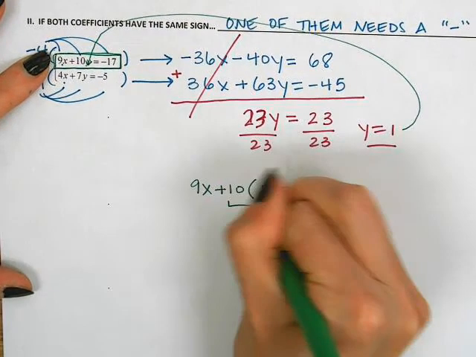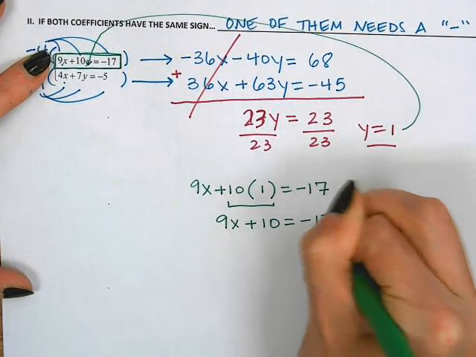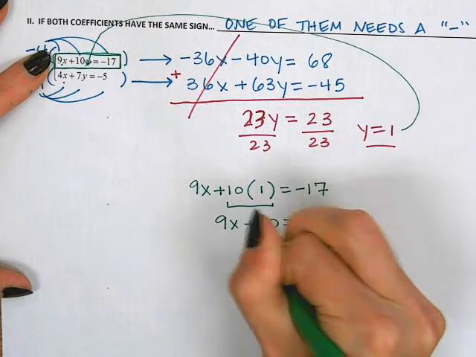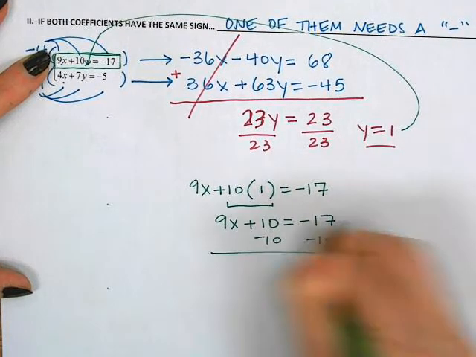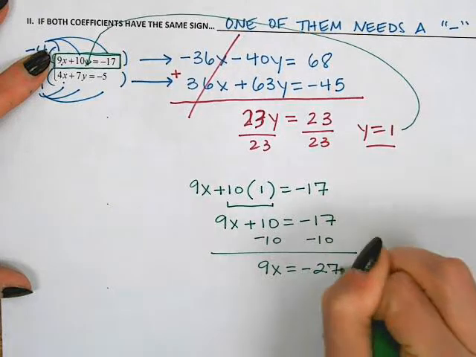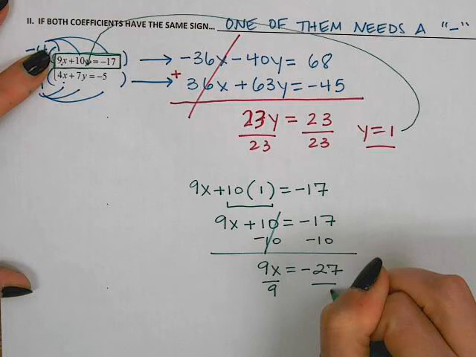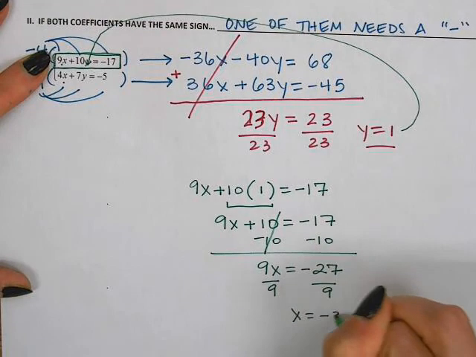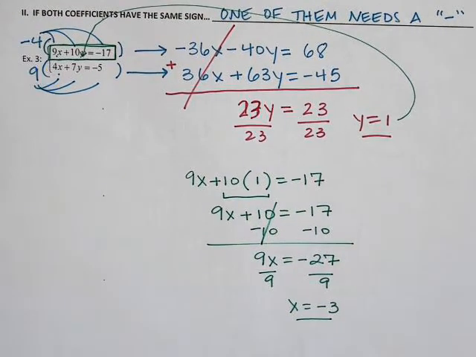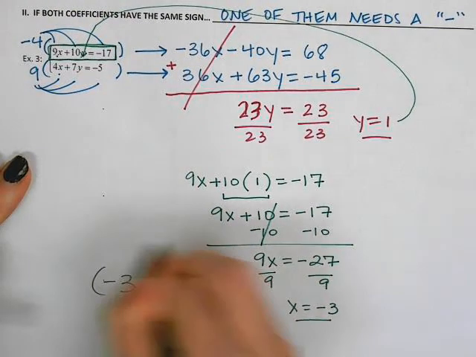So 10 times 1 is 10. So 9x plus 10 equals negative 17. And then minus 10, minus 10. You get 9x equals negative 27. And then divide by 9, x equals negative 3. And we are good. We got x, we got y. Final answer, negative 3, comma 1.